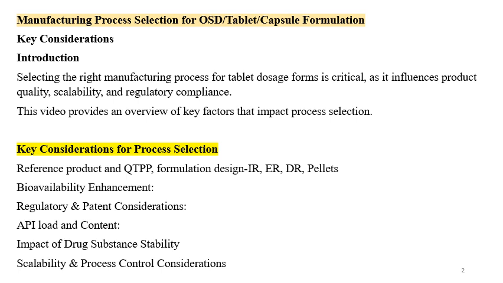Consider the daily dose of API, consider the API content of the formulation, then impact of drug substance stability, consider the drug substance sensitivity, compatibility with the excipients for designing the manufacturing process.